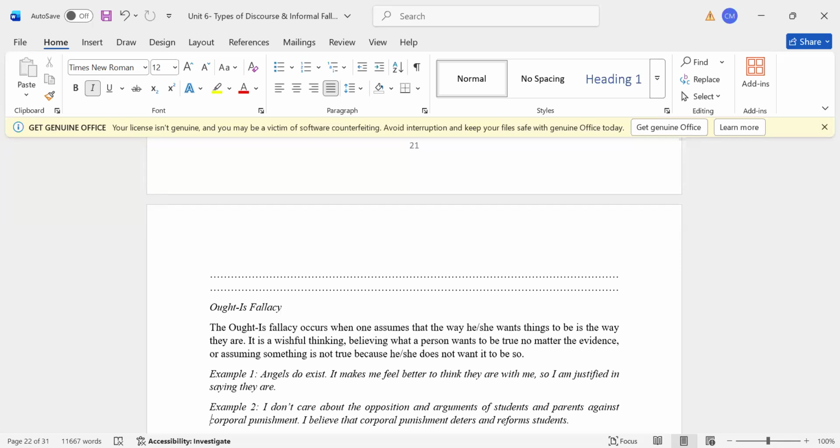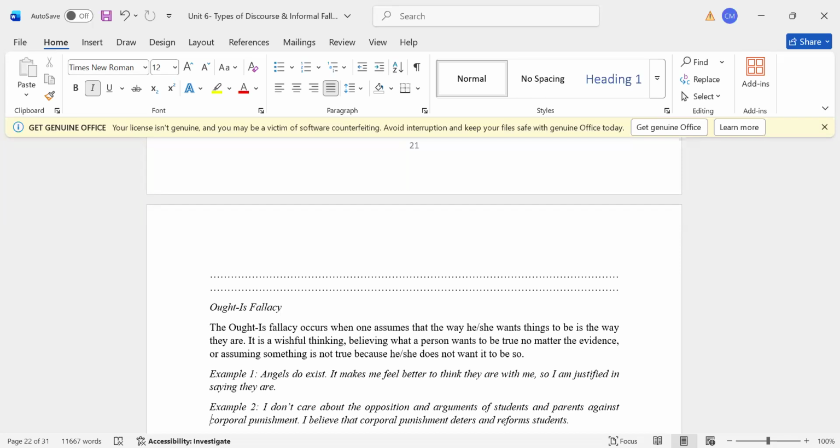From assumption to reality. When you think that, oh, angels exist, there are this and this, I have my archangel protecting me, I am confident that my angel is right here. That is what is fallacy.